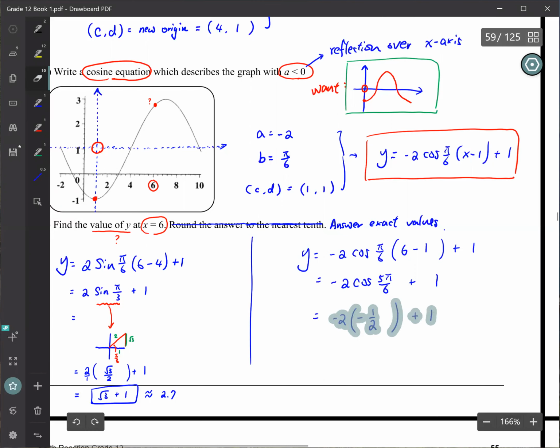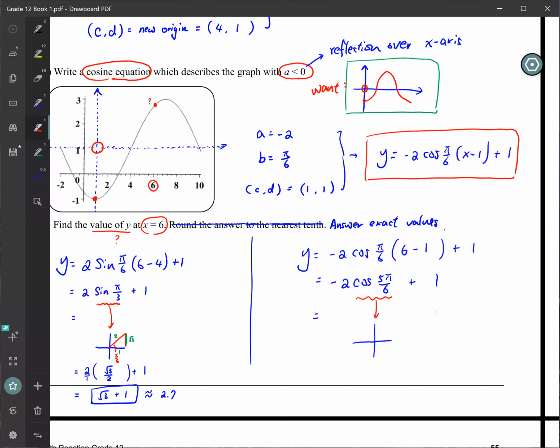So how do we start? What's step 1? Draw angle. Okay, where is the angle then? Five pi over 6, where does it turn to?